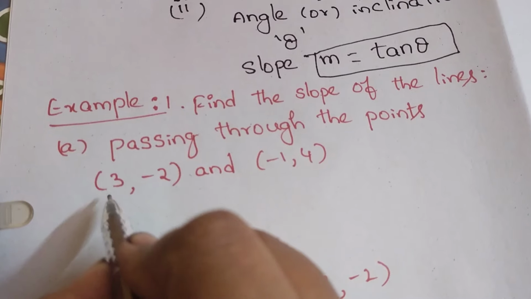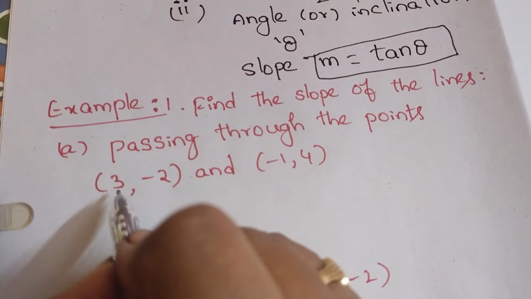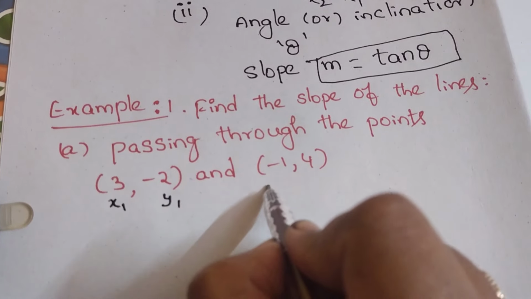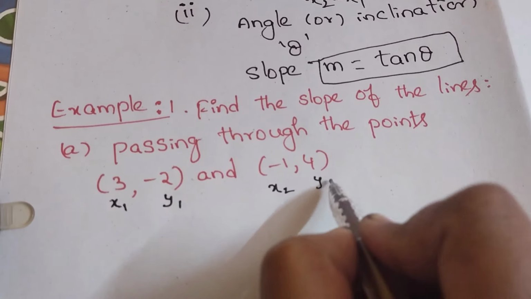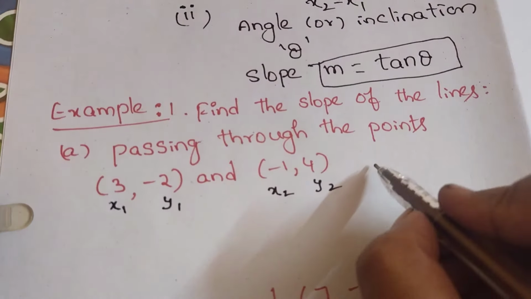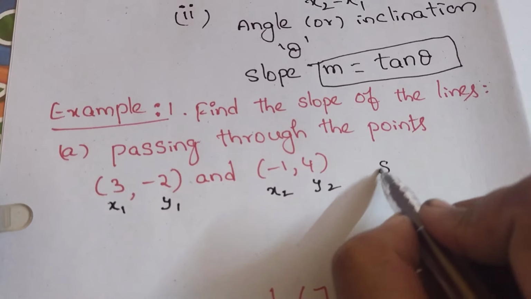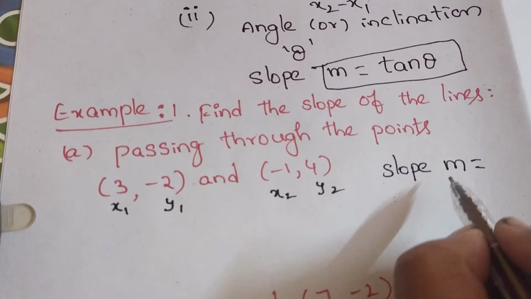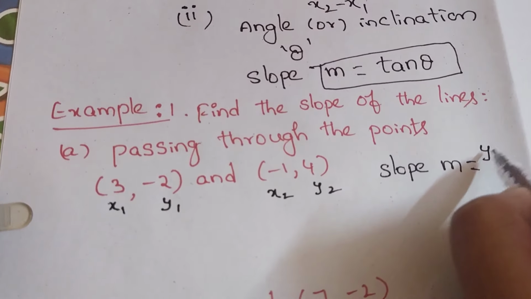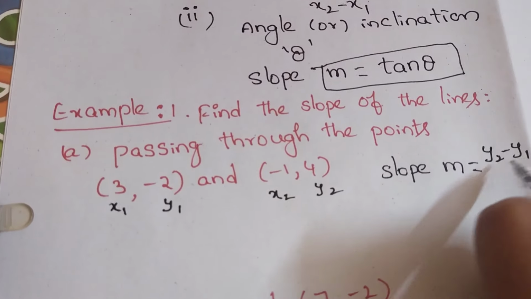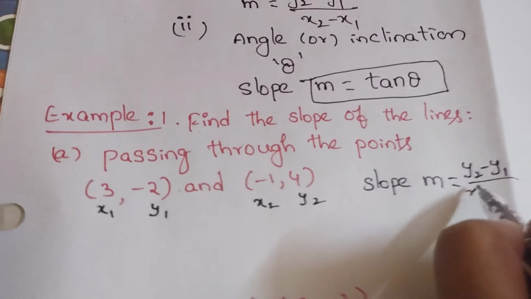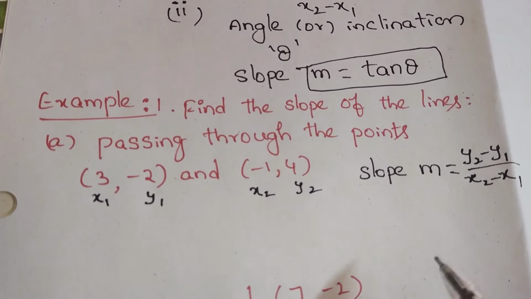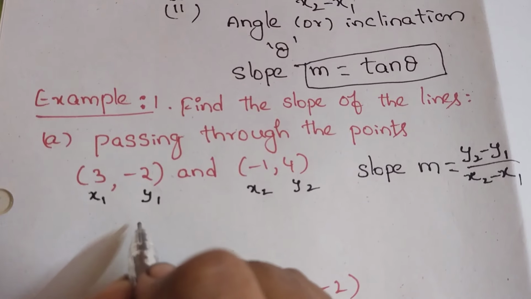Here I will consider this one as x1 and this one as y1, and this is x2 and this is y2. Now, what is the slope? The letter m indicates slope. So what is the formula? y2 minus y1 by x2 minus x1.